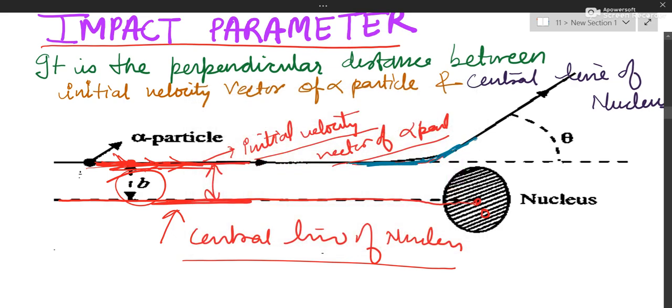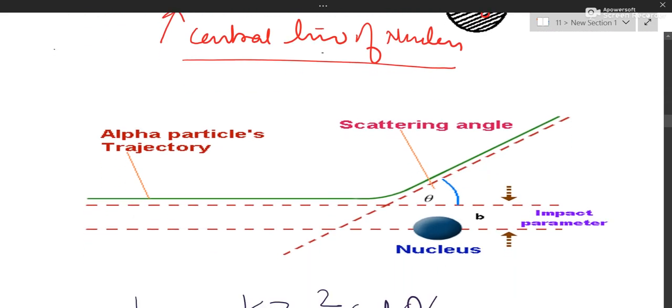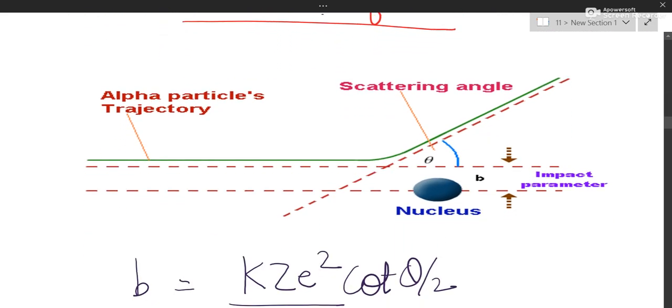Now it is deflected by some angle because the nucleus is positively charged. The nucleus is saying go away, don't come near me. By how much angle it gets scattered is called the angle of scattering. You have to show this theta in this diagram. And in one more diagram you can see this is the initial velocity vector and this is the central line of the nucleus. The perpendicular distance is called impact parameter. This is the scattering angle.